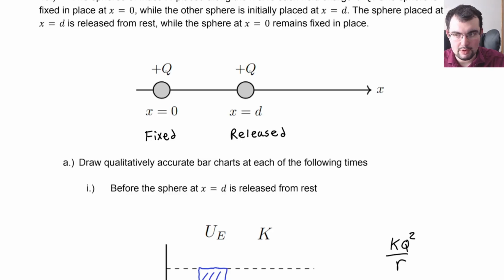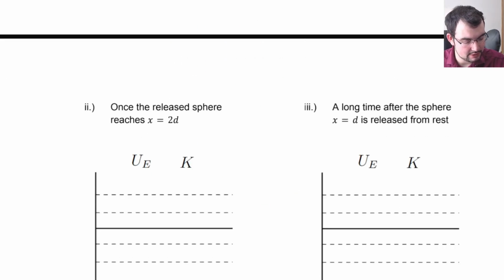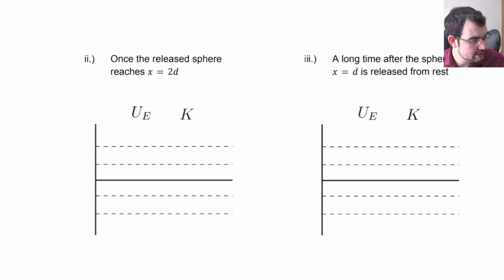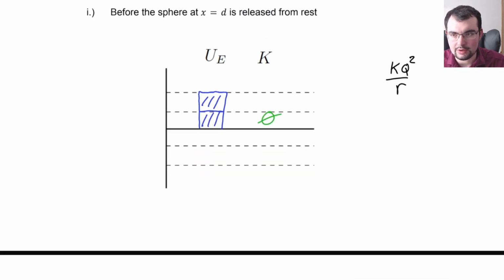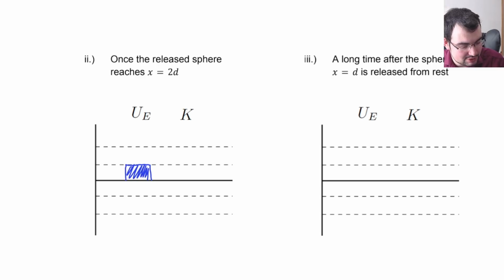If we fix one of the spheres at x equals 0 and release the other, if it's twice as far away, it's going to have half the electric potential energy. But you can't just lose energy bars. So if I started with 2 positive bars, I have to end with 2 positive bars. That means there's some kinetic energy now, which makes sense, because I released the sphere. I must be tapping into the potential well to give myself some kinetic.